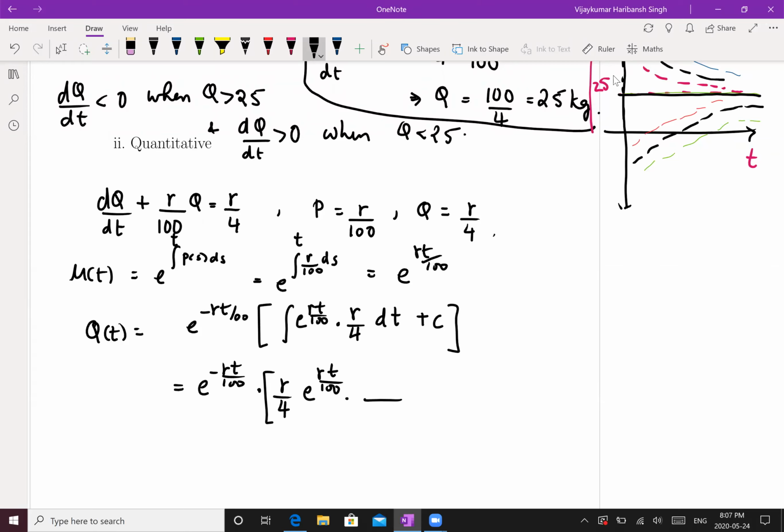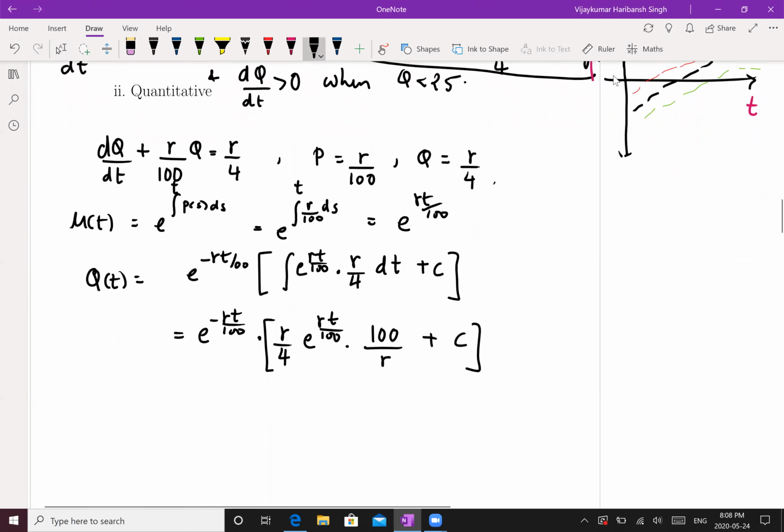That is multiplying by the reciprocal, which amounts to multiplying by 100 by R, plus constant C.